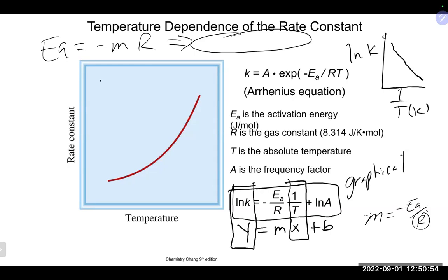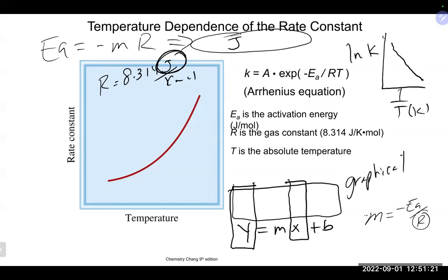R is 8.314 joules per Kelvin per mole, so these end up in joules. Typically, activation energy is given in kilojoules, but when you do this calculation, you end up in joules. So if you want kilojoules, there's 1,000 joules in a kilojoule, and you have to do that conversion. Activation energy should be positive, as we saw from our pictures.